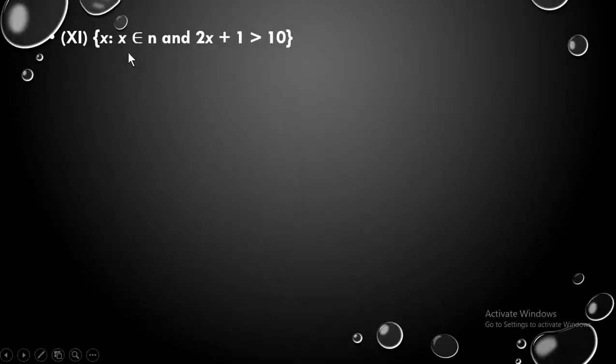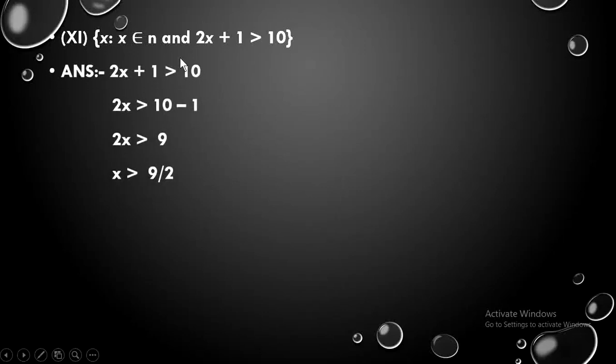Then this one you see, the statement given to you is 2x plus 1 should be greater than 10. Now over here, the greater than symbol is given to you. So you assume this greater than symbol like an equal to symbol and you solve the equation. Just like an equal to symbol, you have to assume this greater than symbol, and when you solve the equation, you get x to be equal to 9 by 2.